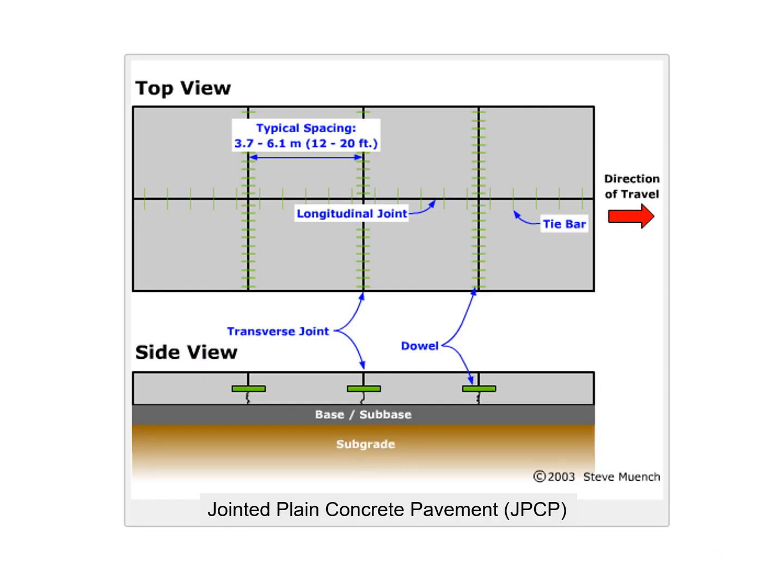So in this particular slide, you can see the jointed plain concrete pavement. This is the top view and this is the side view. You can see the transverse joints and the longitudinal joint, and in the side view you can see the dowel bars which are to be provided at the joint.